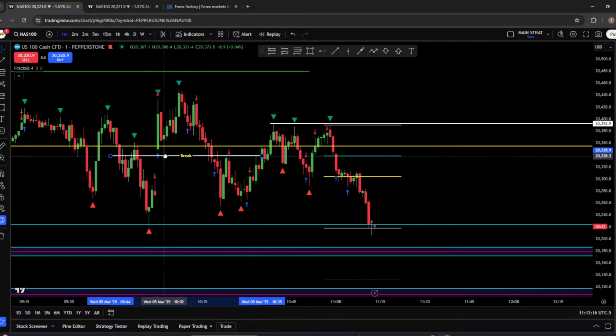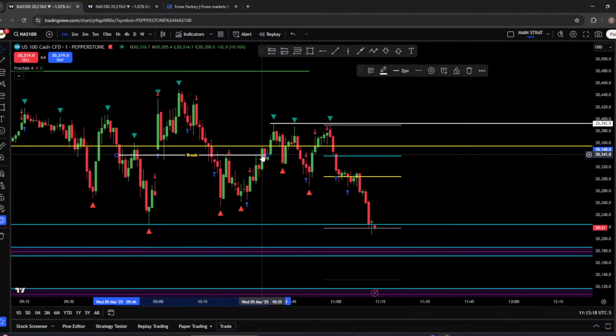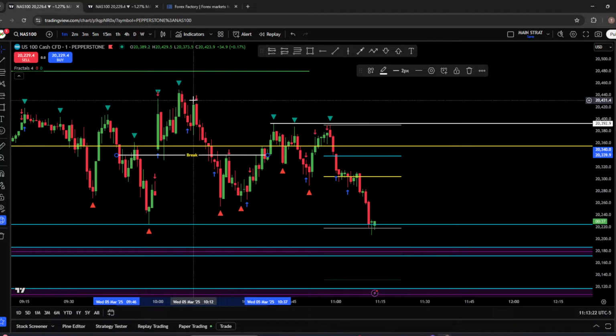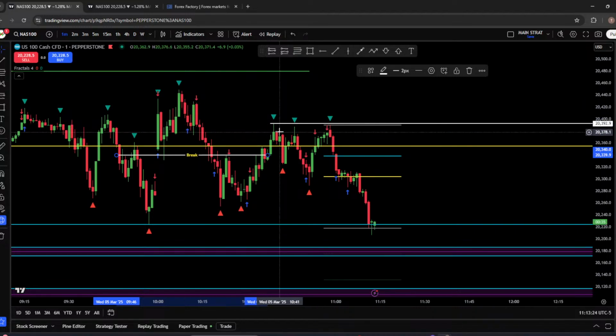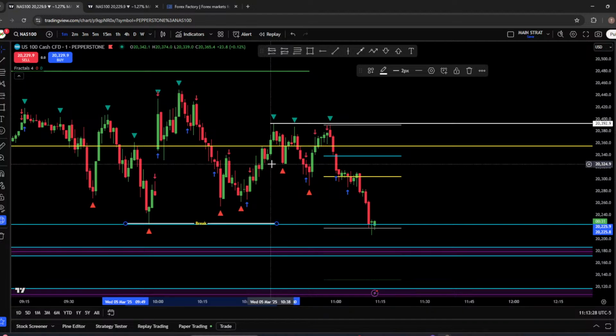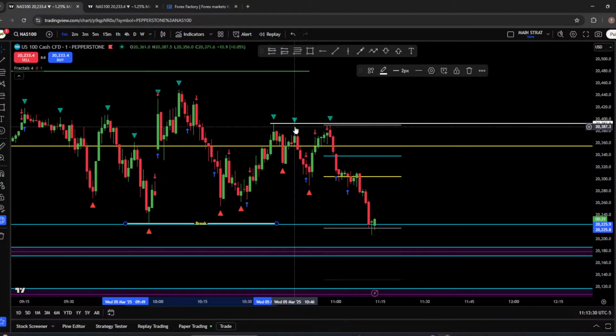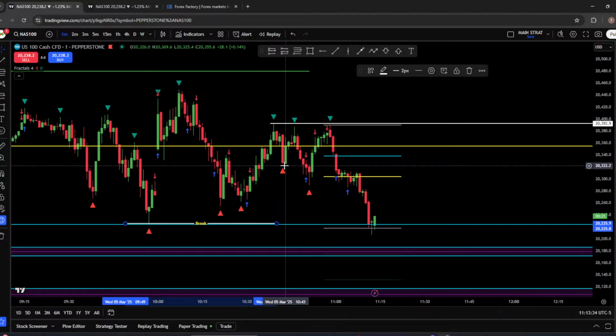So that was a break right there to the upside. It hit that order block in here, so we had it come down. And then if we had taken a trade there, there was a failure swing high here with the break of structure lower here.